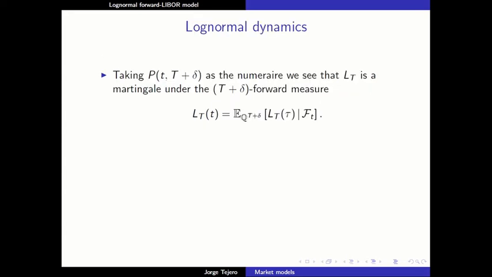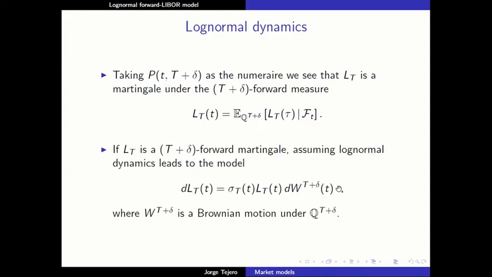If we take the zero-coupon bond maturing at capital T plus delta as a numeraire, then we will see that the LIBOR rate is actually a martingale under the T plus delta forward measure. Assuming log-normal dynamics under the probability measure where the forward is a martingale gives rise to this diffusion, where this term over here is a Brownian motion under the T plus delta forward measure.